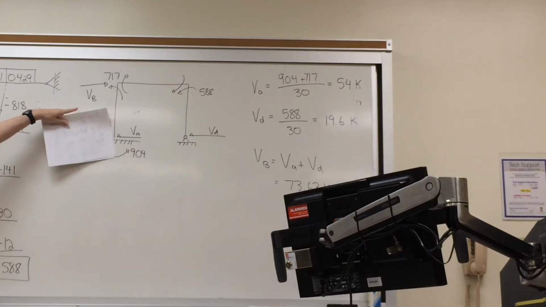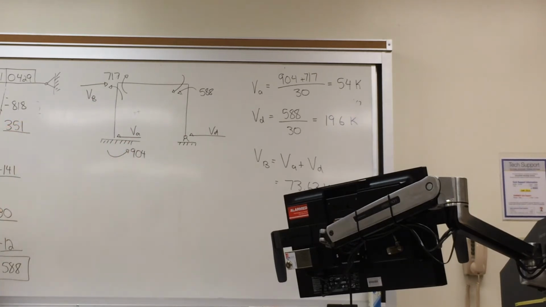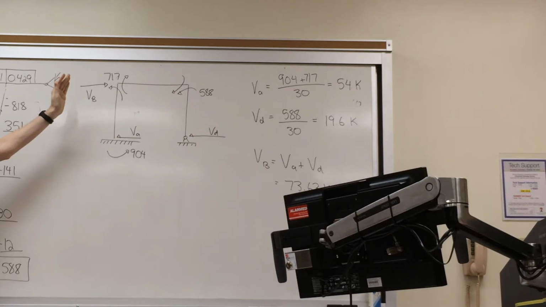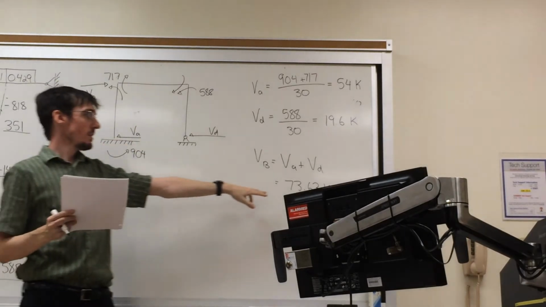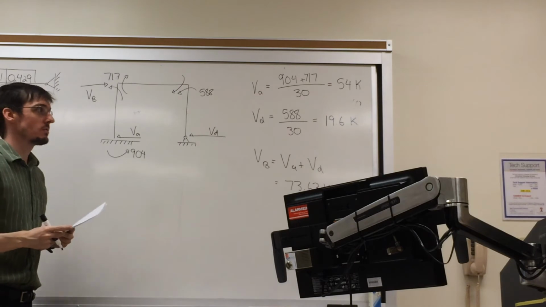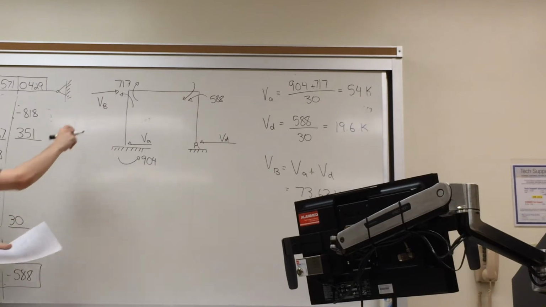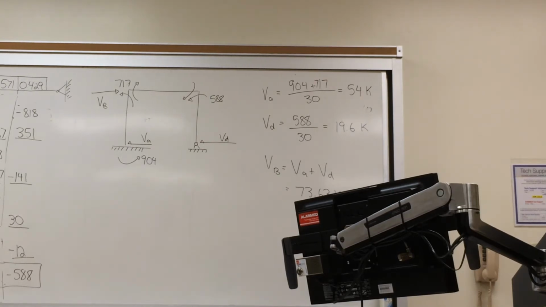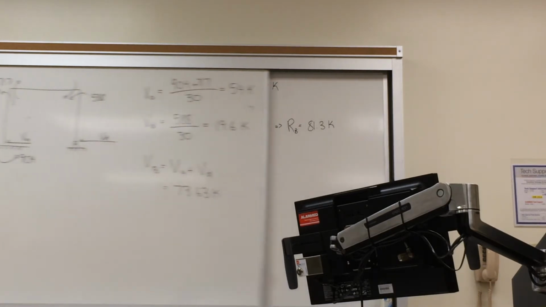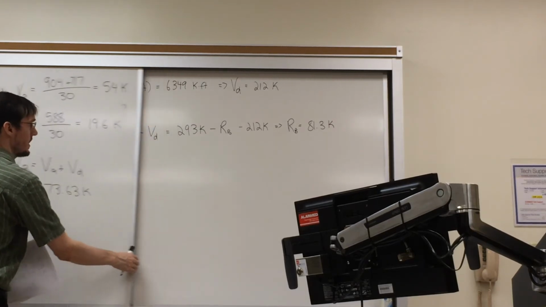So the goal here is we found out now what is the actual lateral force we're applying so that this frame will translate to the right, develop these end moments, and we ultimately get 73.6 kips will result in these end moments. So what we have to do then is take this force VB now and scale that to be equal to the 81.3 kips we had out of balance. We said the frame had no sway, or we assumed it had no sway.